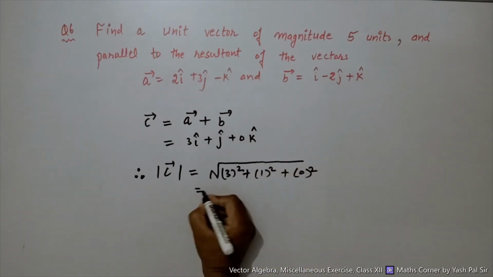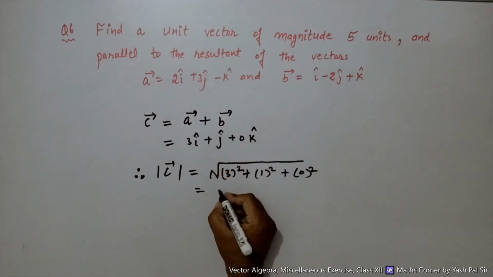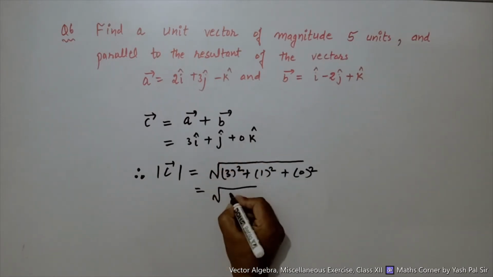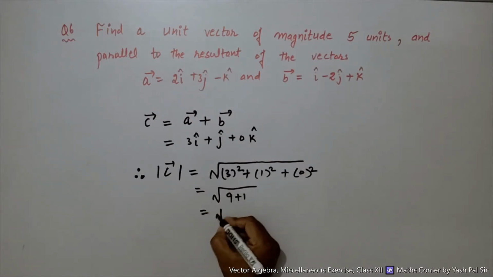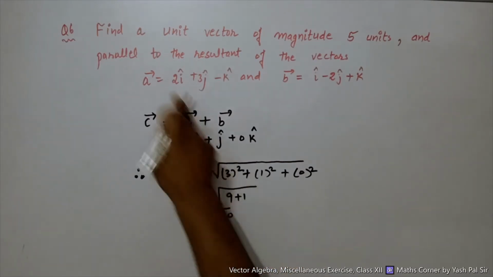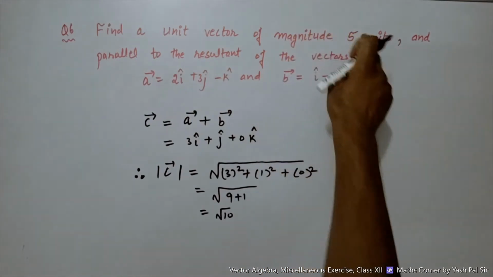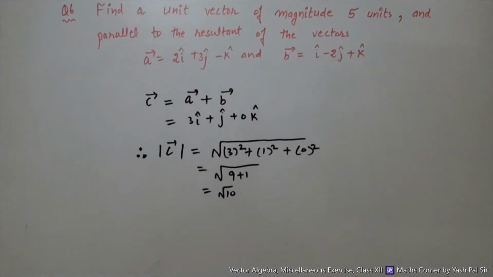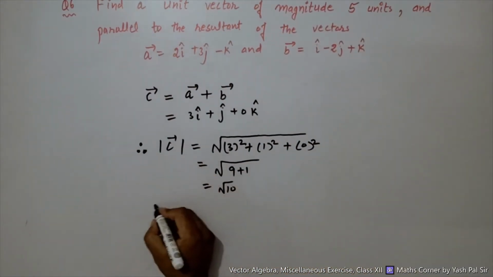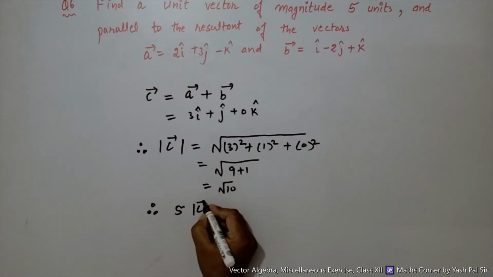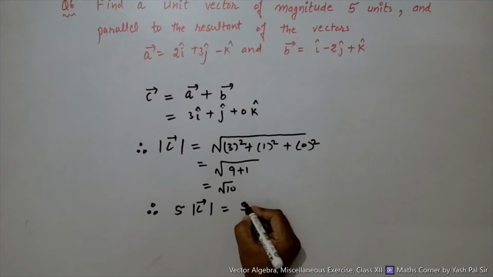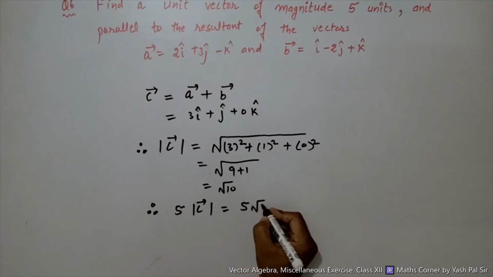So this is equal to square root of 9 plus 1, which is equal to square root of 10. So to find a unit vector of magnitude 5, we have to multiply this by 5. Therefore 5 into magnitude of vector c is equal to 5 into square root of 10.